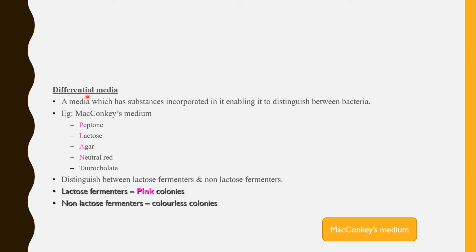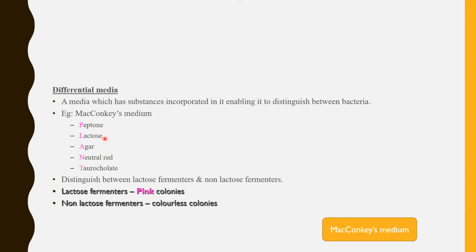Next is differential media. Differential media is a media which has substances incorporated in it, enabling it to distinguish between the bacteria. For an example, MacConkey medium. As I told you previously, the MacConkey medium has lactose and neutral red indicator.